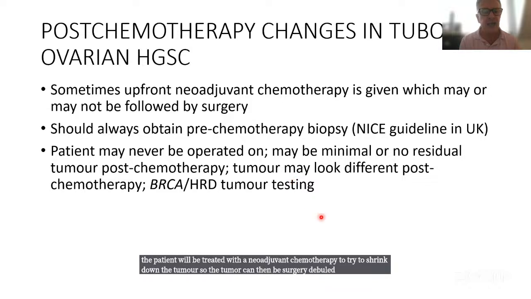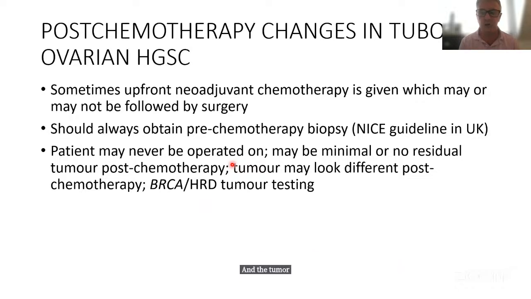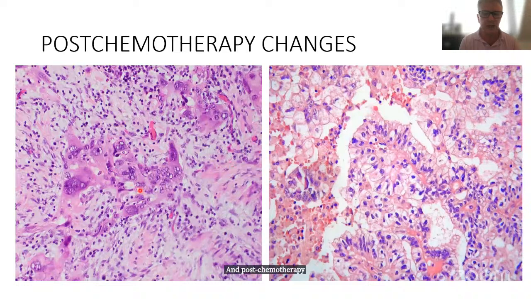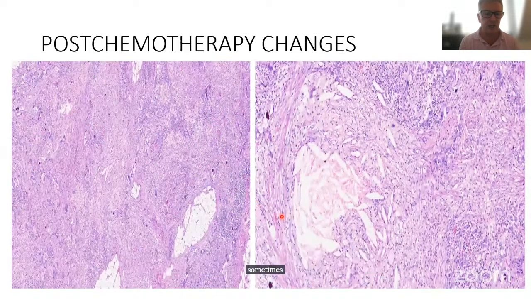So in this case, you should always know that you're dealing with a high-grade serous carcinoma because we really need to obtain a pre-chemotherapy biopsy for various reasons, you know, to order BRCA and HRD tumor testing, and the tumor may never be operated on, so you may not know the histological diagnosis. And post-chemotherapy, you often only get these small collections of tumor cells, sometimes with a lot of cholesterol clefts and a lot of inflammatory infiltrate.